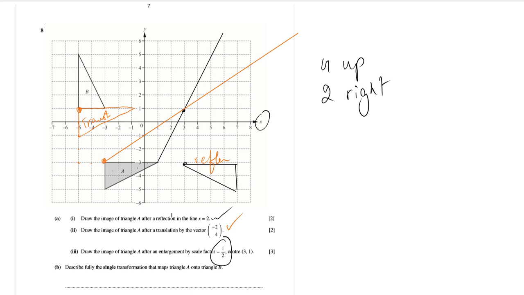Since it was half, its half would be 2 and its half would be 1. So my movement would be from the center. Now we will do the opposite of it. Like 4 up, so now we will go 2 up and we will go 1 right. So this point should go over here.